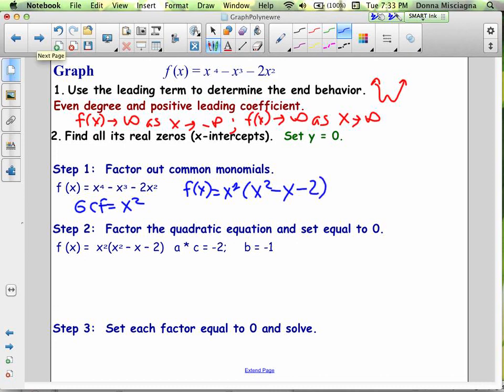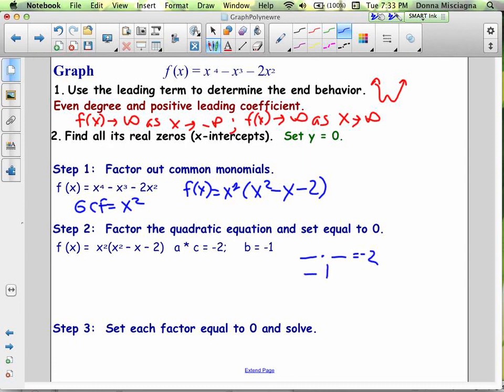So now we're going to factor the rest of our quadratic equation. I would assume on these that you'll be able to factor them. It's going to be rare that anything cannot be just factored. So we're going to take a times c and multiply. And now we need two numbers that multiply to give us a times c, which is negative 2. Just 1 times negative 2.